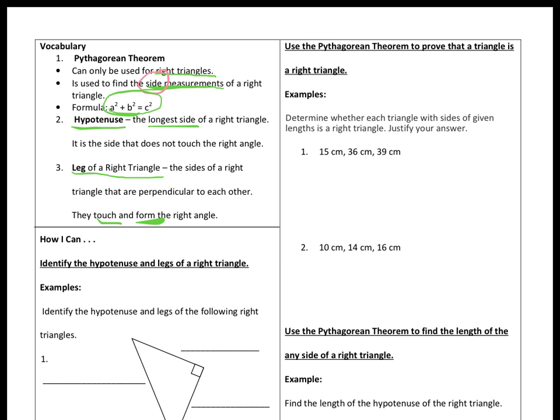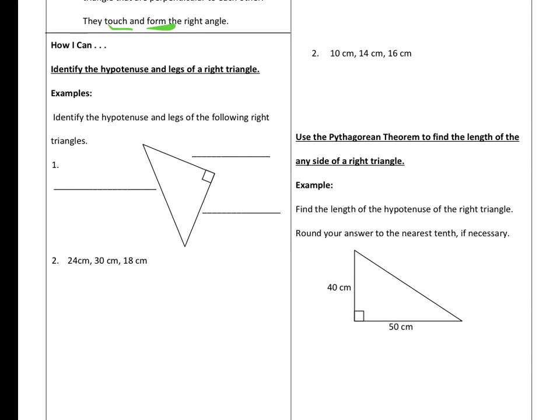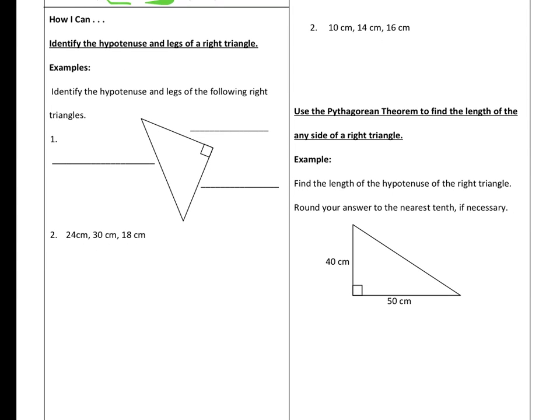So if we look here at this first example, where we identify the hypotenuse and the legs of a right triangle, we'll see that here is our right angle. That little square inside the triangle represents the right angle, and these two sides are perpendicular to each other and form that right angle.